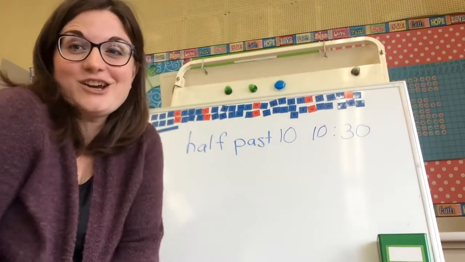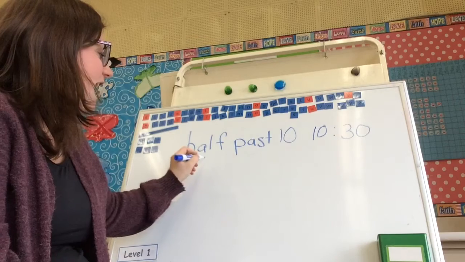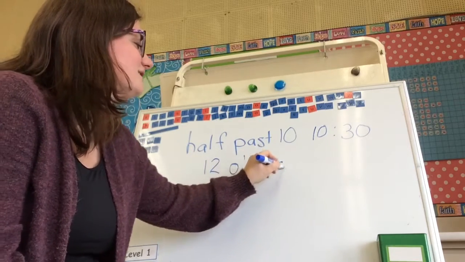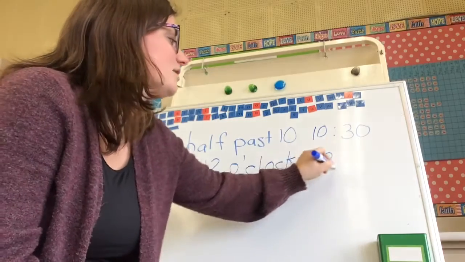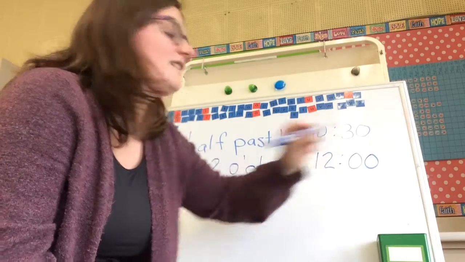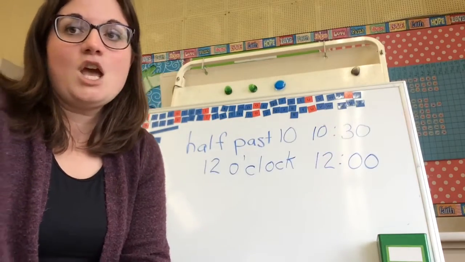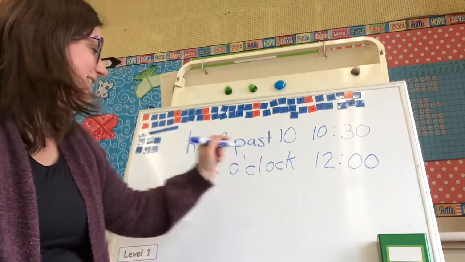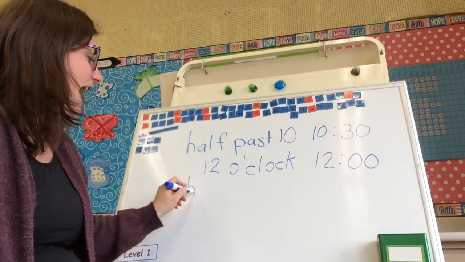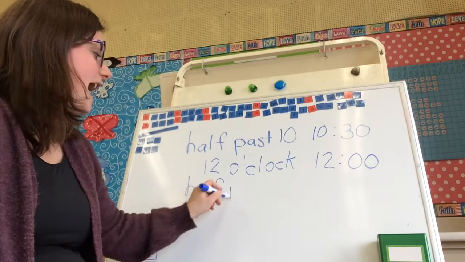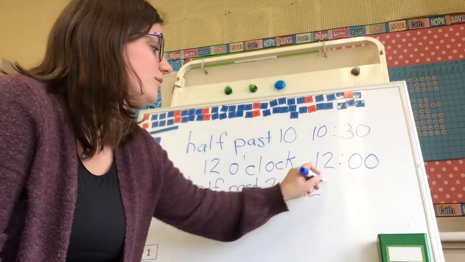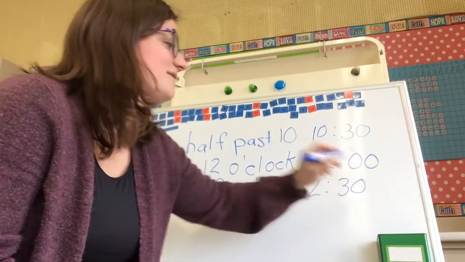Now, we have our lunch. Do you know what time lunch is? We have lunch at 12 o'clock. Or we could write it like this: 12:00. Okay? We would have our last recess in the day at 2:30, or we would call it half past two.